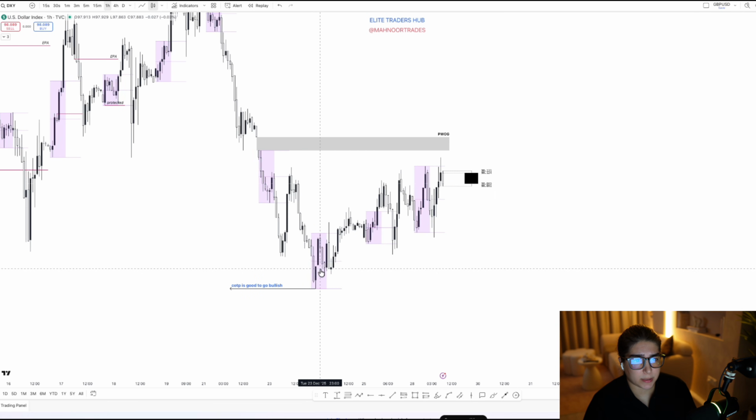As it's going up, it's actually inducing more liquidity for the price to get pushed higher. You have inducement of this liquidity, then inducement of this liquidity by the swing point, and price keeps pushing higher. Then you have inducement of this low here, which is today's Asia low, and price keeps on building that bullish momentum. Now, potentially, what I want DXY to do is fill in this previous week's opening gap.